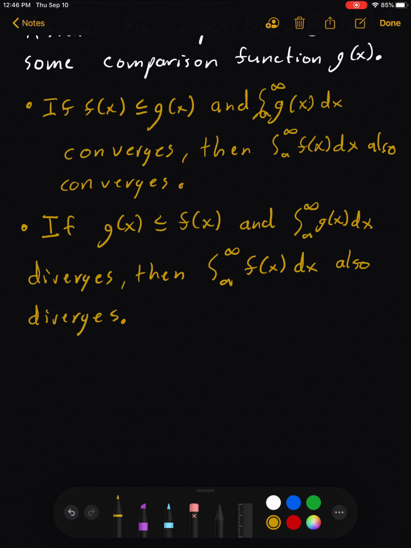All right. Now, it's really important to remember the order of these two. It's a really common mistake to get mixed up on which goes where in terms of the order.